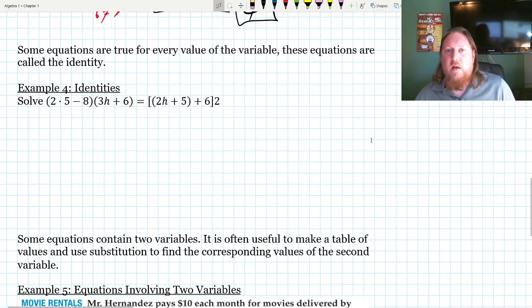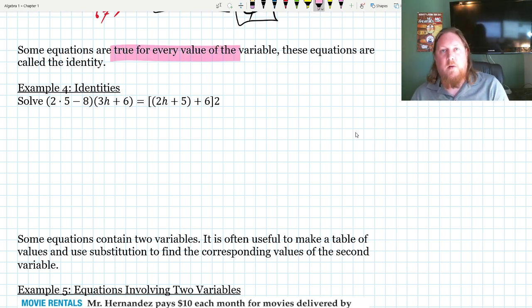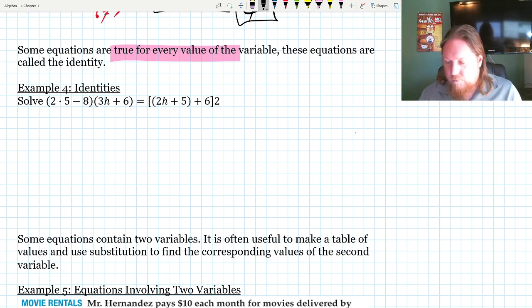Here's an example of what can happen when you might have many, or an infinite number of solutions that are true. We call this the identity. I got my big expression here.